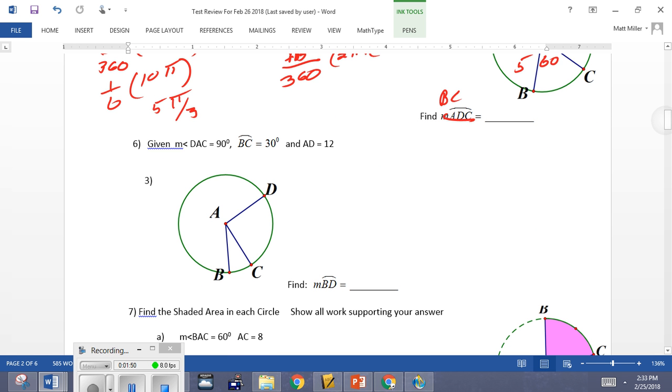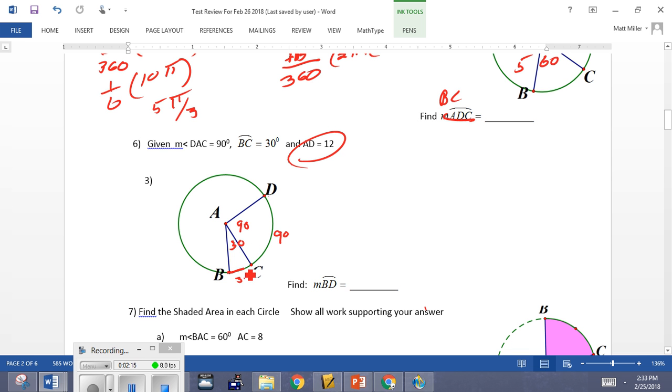This one, DAC, is 90, and BC arc is 30, which means that CD arc is 90, and this angle here is 30. And what am I looking for? The radius is 12, and I'm looking for arc BD.